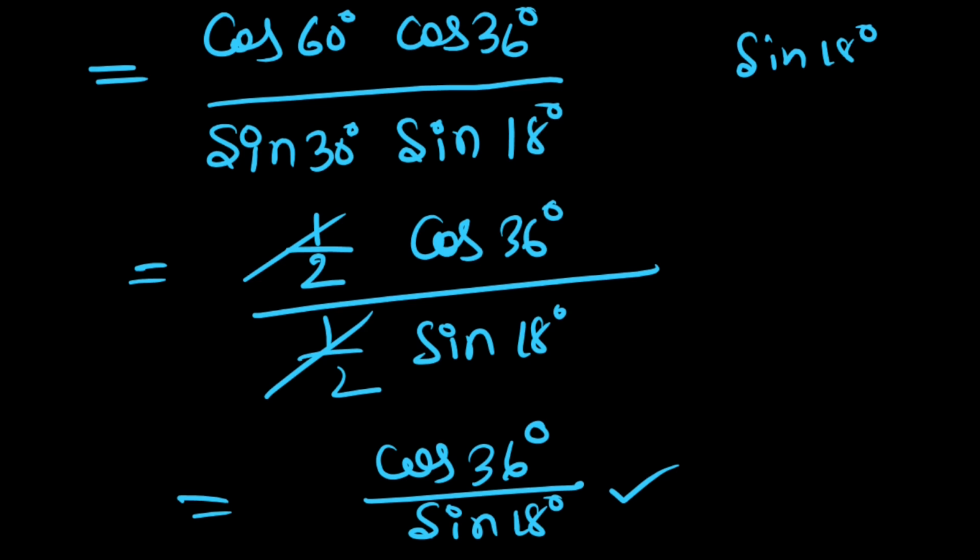We know that the sine of 18 degree, if you remember this value, is equal to root under 5 minus 1 over 4. If you remember this sine of 18 value, it is easy to solve many questions. So we need sine 18 as well as cos 36.